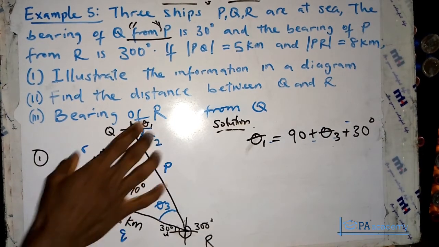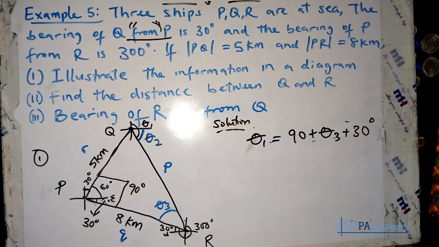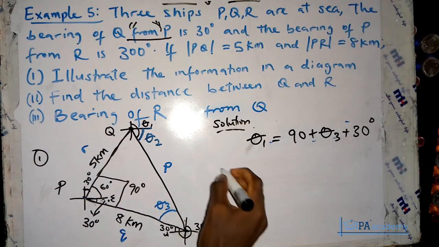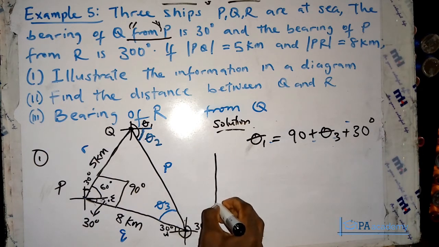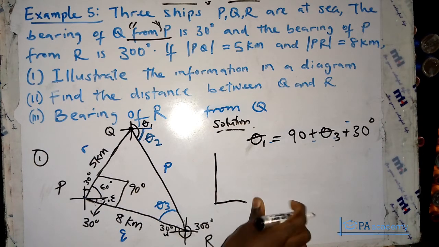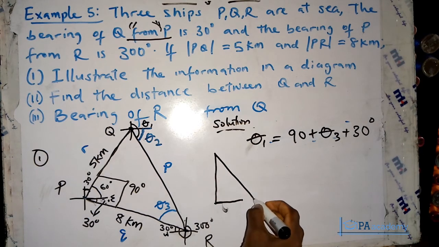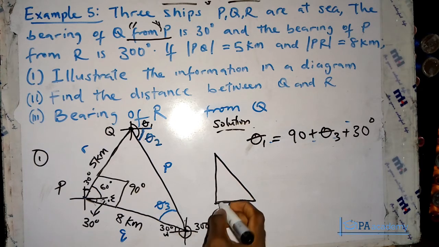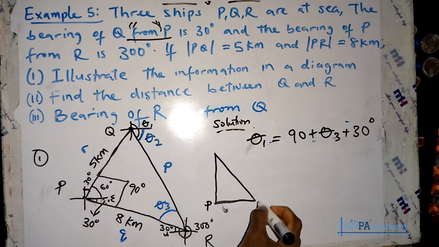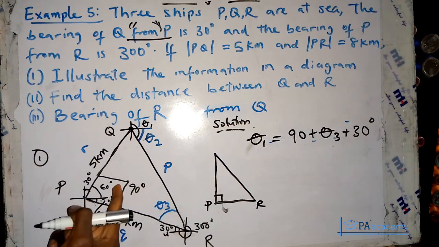So let me clean that and let's work on calculating it. Now I want to redraw this shape, because you know it's a right angle. This is still our point P, this is our point R, and the 90 degrees is still here.